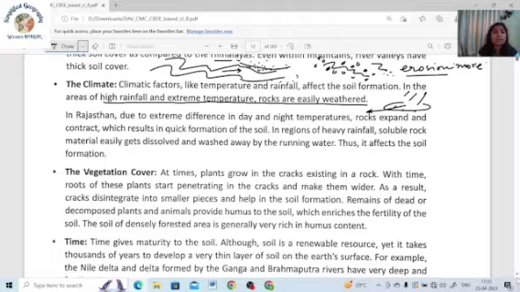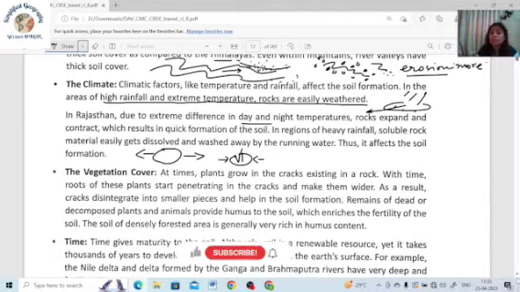In Rajasthan, due to extreme difference in day and night temperature, rocks expand and contract. A rock in the daytime tries to expand and in the night time it contracts. So a crack or fracture occurs, and from that crack or fracture it starts disintegrating.